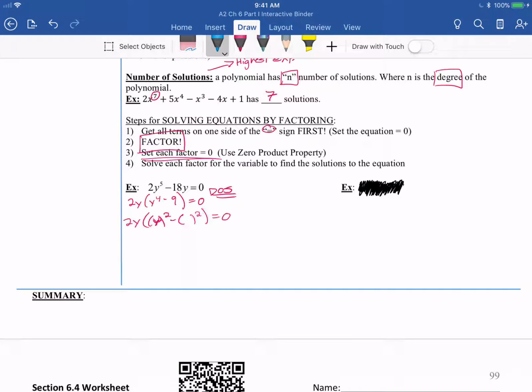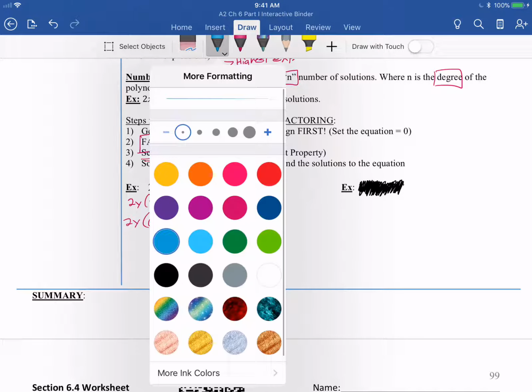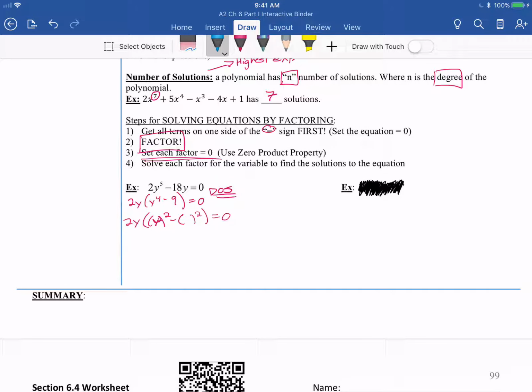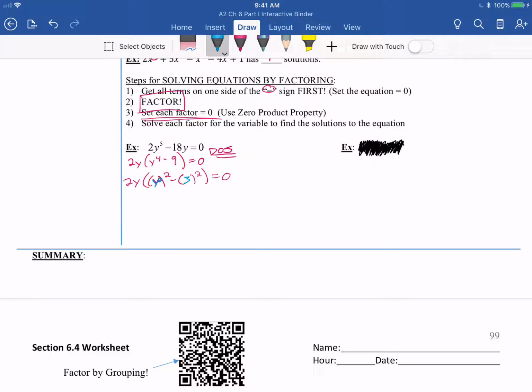Again, that something squared is going to be y squared. Where's my blue? Where are you, blue? Y squared, and then something squared to give me 9 is 3. So going through that difference of squares pattern, I have 2y, and then y squared minus 3, and then y squared plus 3 equals 0.